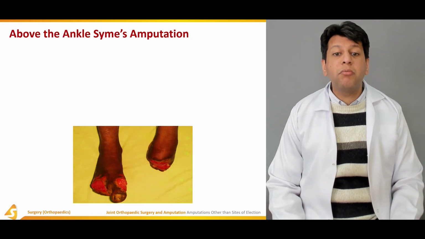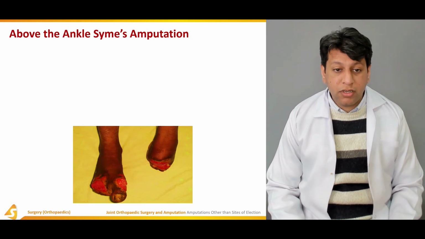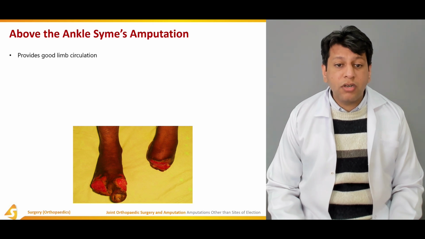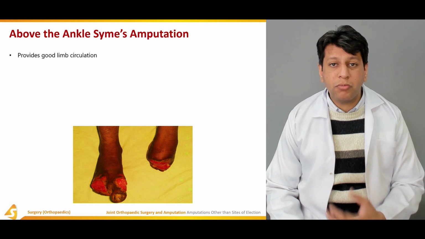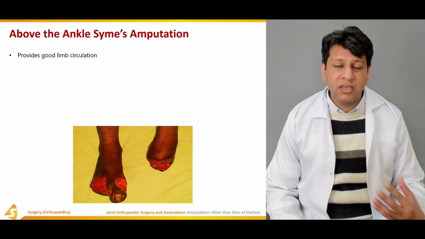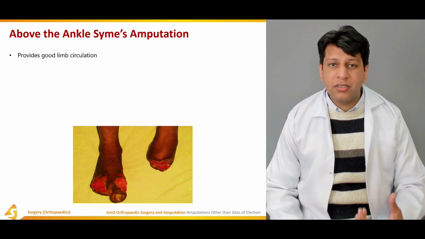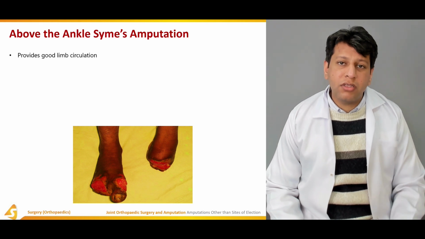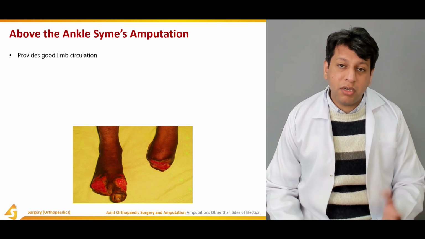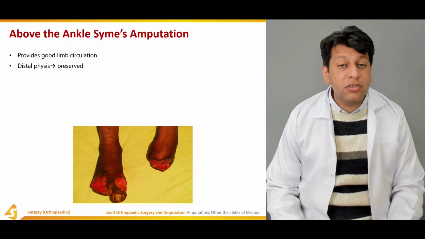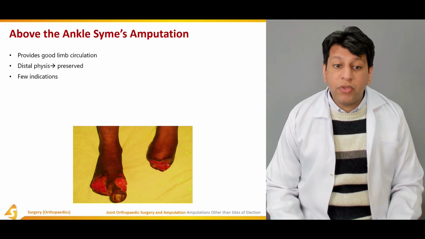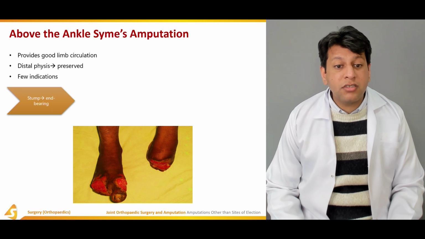Now coming to the above the ankle or the Symes amputation. This provides good limb circulation if the limb is good, but the problem is below the ankle joint, at the foot level, so we probably do not need to cut all the way along the tibia. Above the ankle would be a good option. The distal physis is usually preserved. There are few indications.